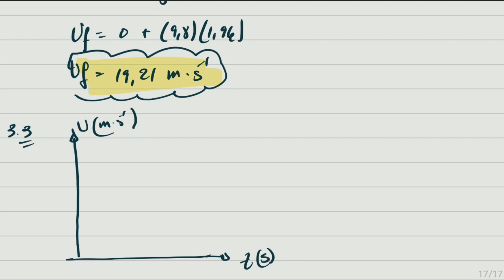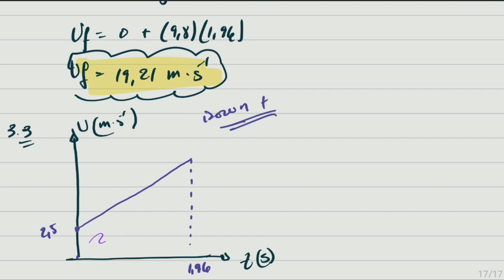Let's start with P. Now, the initial velocity for P is 2,5. We're going to say down positive for the graph as well. For the whole motion, we use down as positive. So starting from 2,5, this ball moved all the way to the ground and it took a total of 1,96 seconds to reach the ground.